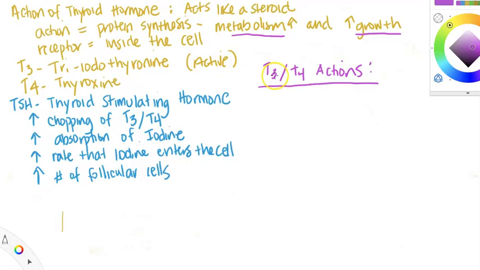And basically how it does that is by increasing nutrient breakdown. It increases oxygen for ATP production, like in the mitochondria. It increases glucose oxidation. It increases heart rate, increases body temperature, and it has an effect on all different body tissues.